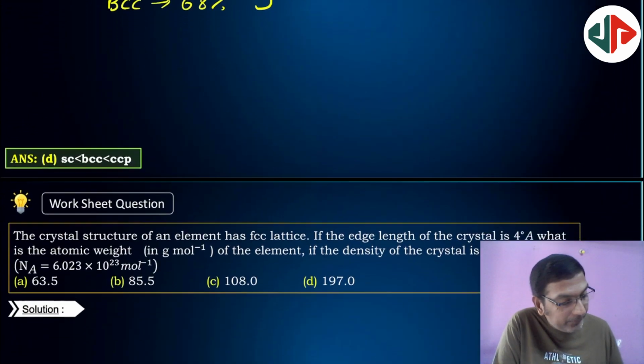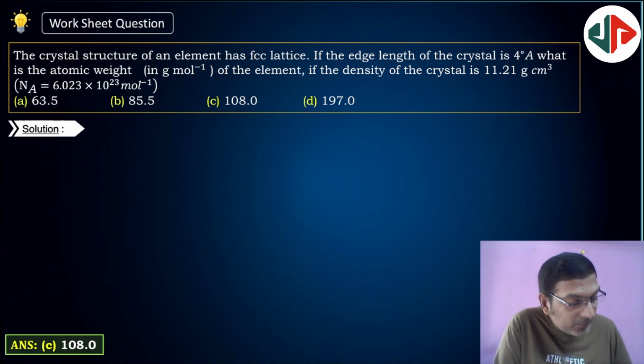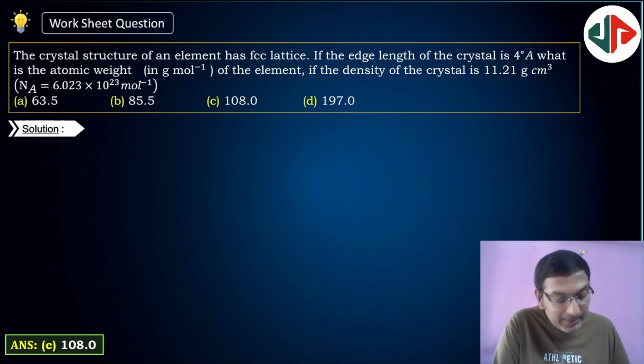Next, the crystal structure of an element has an FCC lattice. The edge length is 4 angstrom units. What is the atomic weight of that element? Density is given as 11.21 grams per centimeter cube.